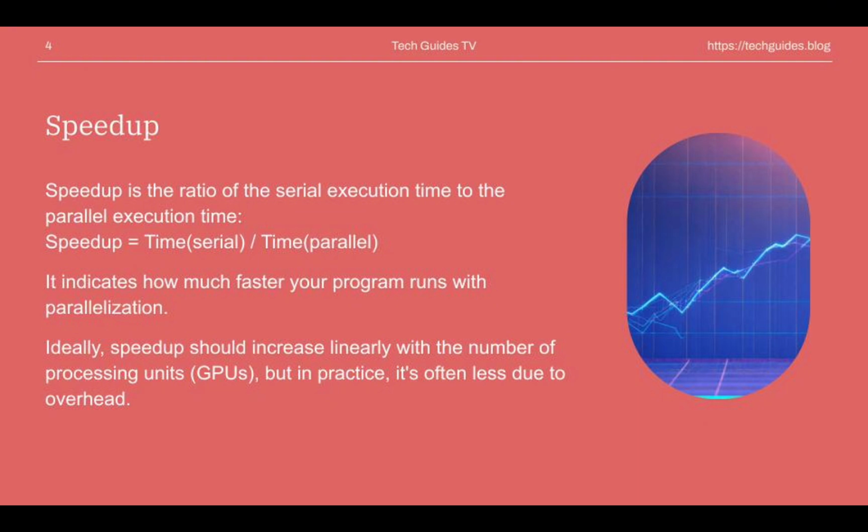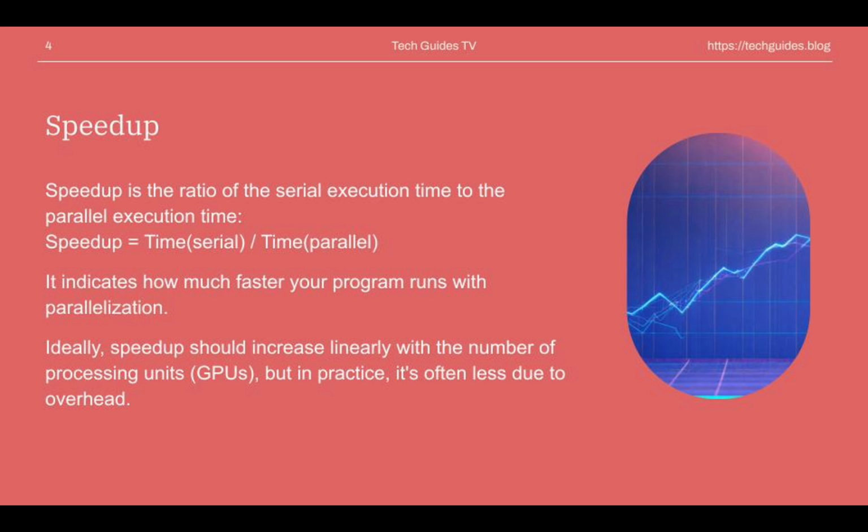It indicates how much faster your program runs with parallelization, because ideally the parallel execution time is going to be faster. Ideally, speed up should increase linearly with the number of processing units, but in practice, it's often less due to overhead. That's why we love GPU programming for its speed.